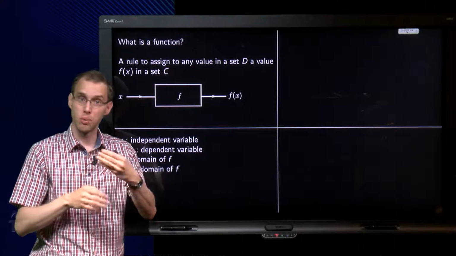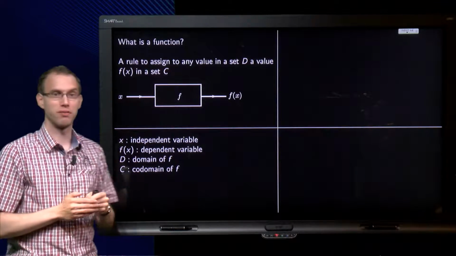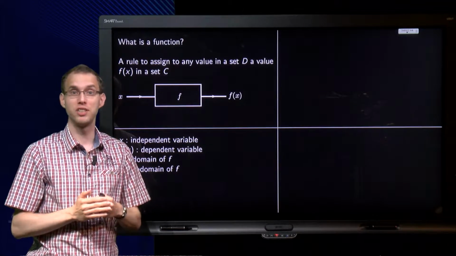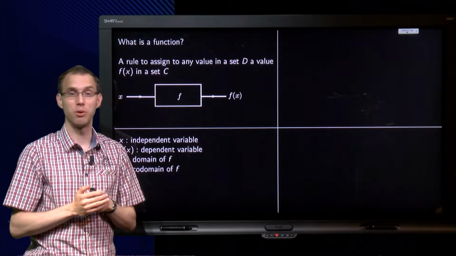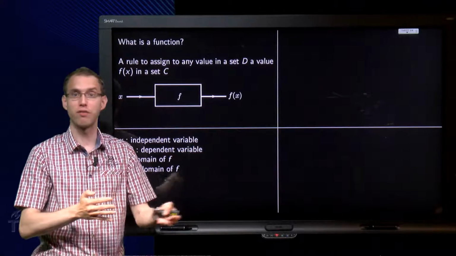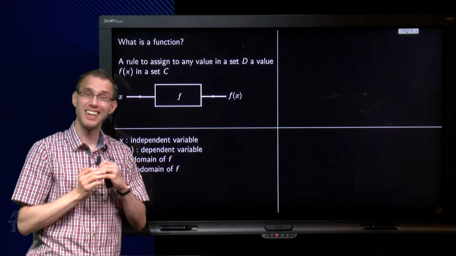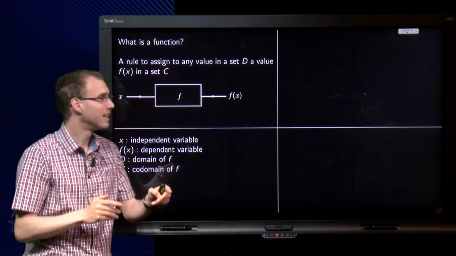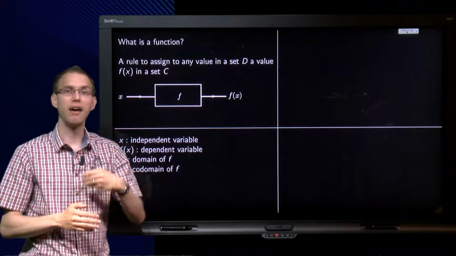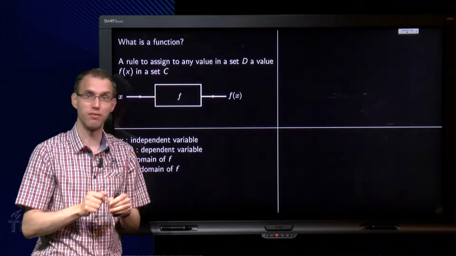Let's give some names. Well, the value x, the input of your engine, the input of your function, is called the independent variable. It can be chosen independently. You can take whatever value you like. But once you specify this independent value x, then the output f of x is fixed, is given in terms of this independent variable.